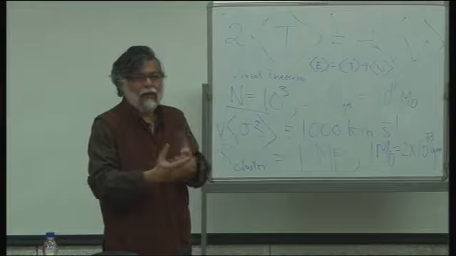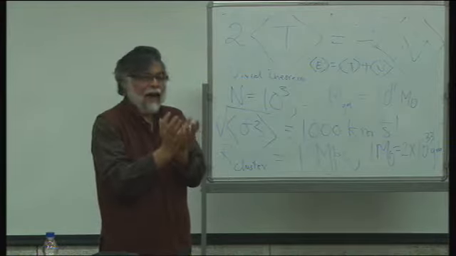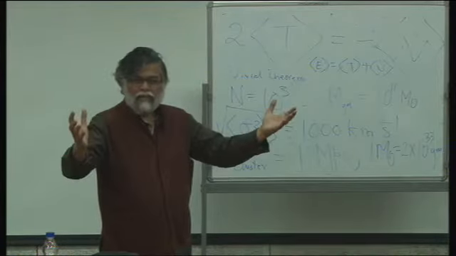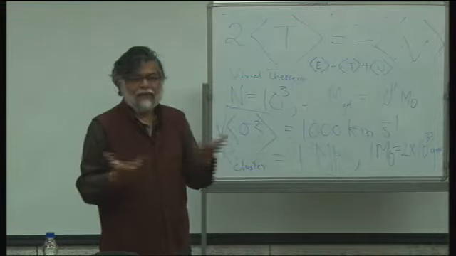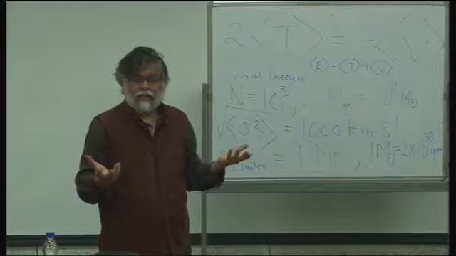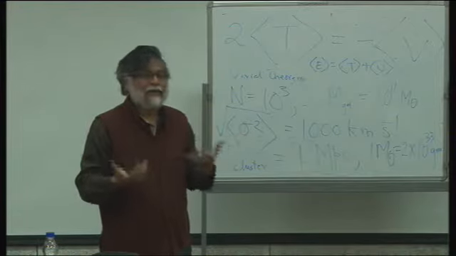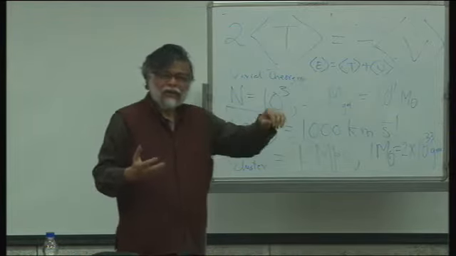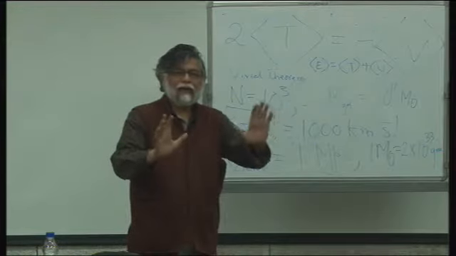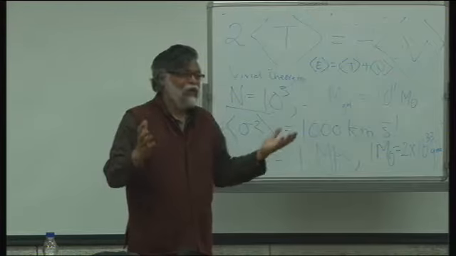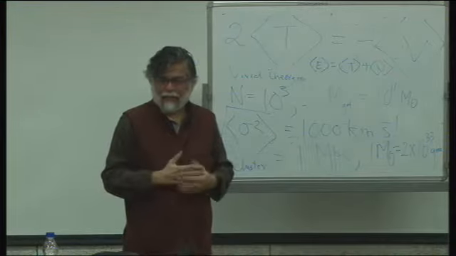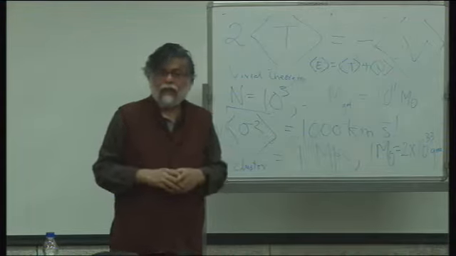Only if the net mass is 100 times more than the mass you infer from stars and gases do you get that kind of dark matter requirement. For rotation curves of galaxies, it is about 10 onwards, but for clusters you need 100 times more dark matter than the visible matter. Okay.